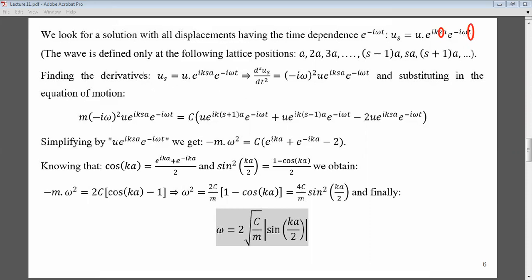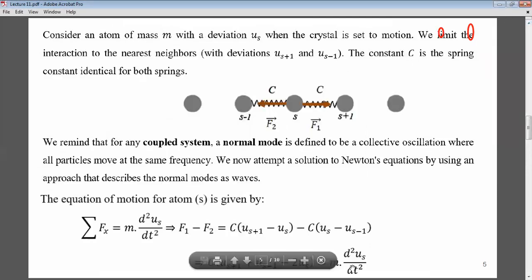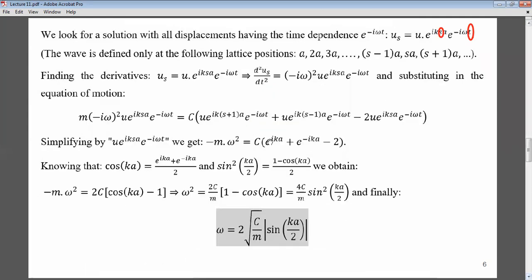We will find the derivative with respect to time, because I want to put it in this equation over here. I want to put C into U(s+1) plus U(s-1) minus 2U(s) equal M d2 U(s) by dt squared. So the first thing I want to calculate is d2 U(s) by dt squared. Before we get to d2 U(s), I can get dU(s) by dt.